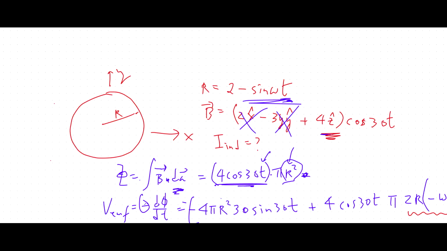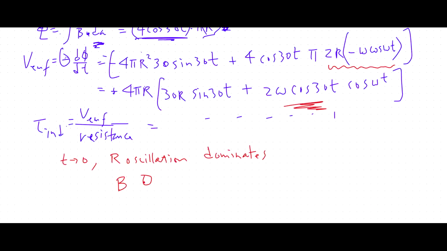Expanding or contracting? So the sine function, is that an increasing function or decreasing function? Increasing function. But you have 2 minus the sine, so the radius, is that increasing or decreasing? Decreasing, right? So I'm going to write that down first. R is getting smaller. B field is coming out. R is getting smaller. R is decreasing.